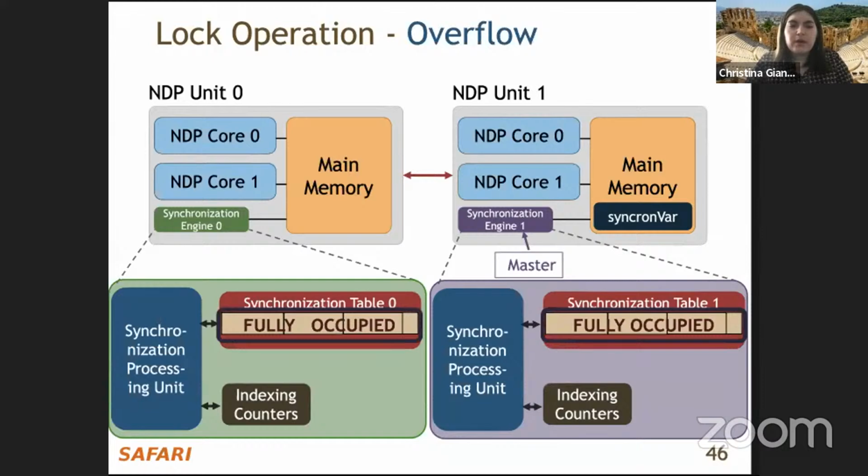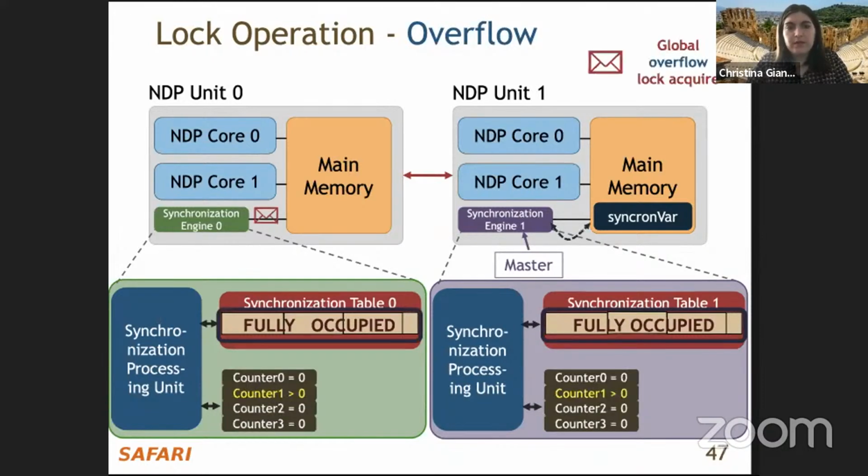In a scenario where both the synchronization tables are fully occupied with other variables, the local synchronization engine needs to send a global overflow lock acquire message to the master synchronization engine to indicate the overflow, and then the master synchronization engine coordinates synchronization using main memory.